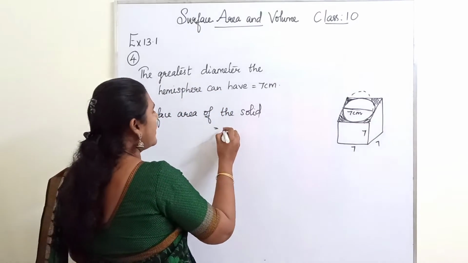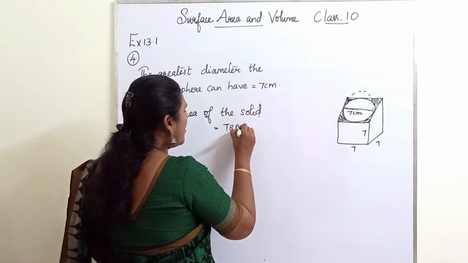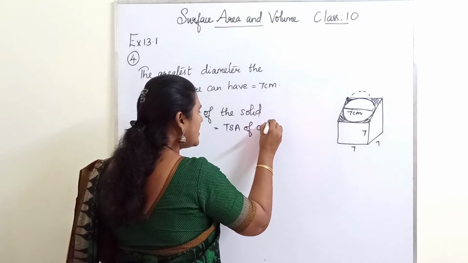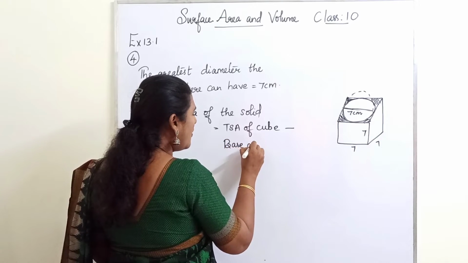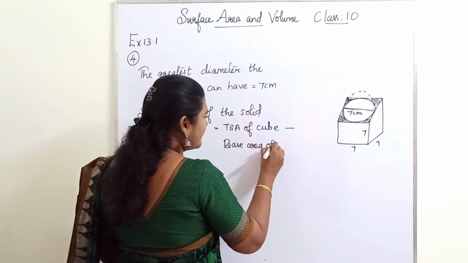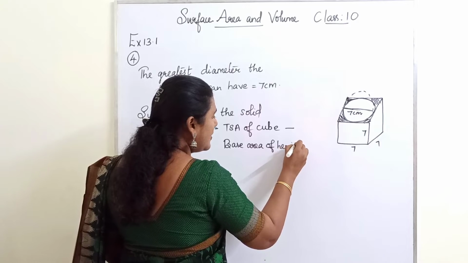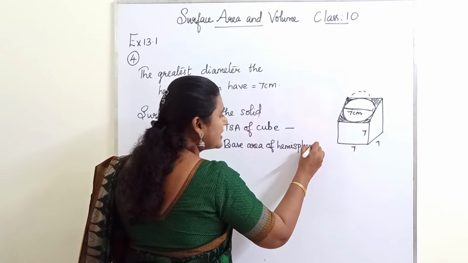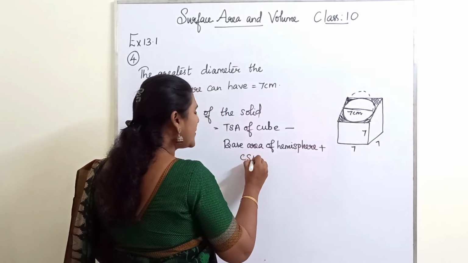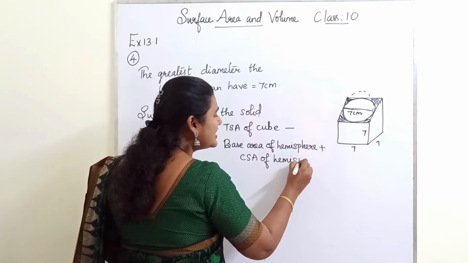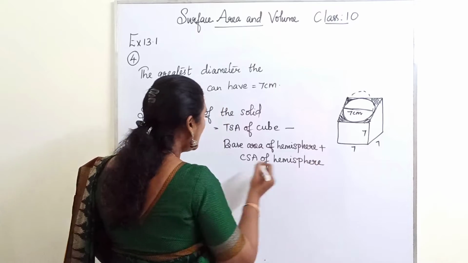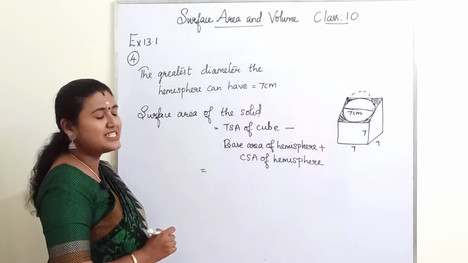So we can write TSA of cube minus base area of hemisphere plus the CSA of hemisphere also we have to add. This will give you the total surface area of this solid.